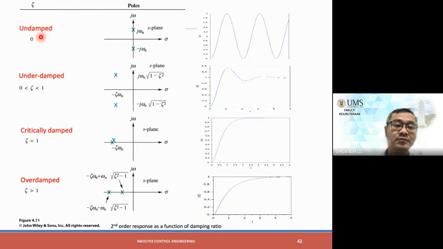So based on this, we replot it, and generally we get something similar to what we have seen previously. Now by looking at the location of the roots, the location of the poles on the S-plane itself, we know what to expect for the output for a step response.